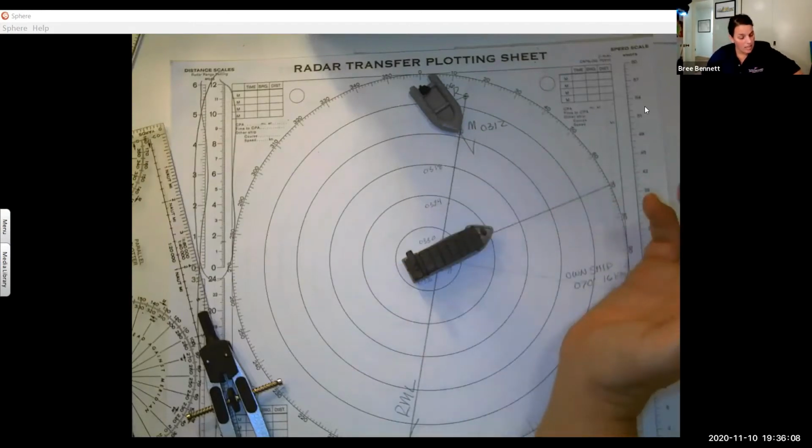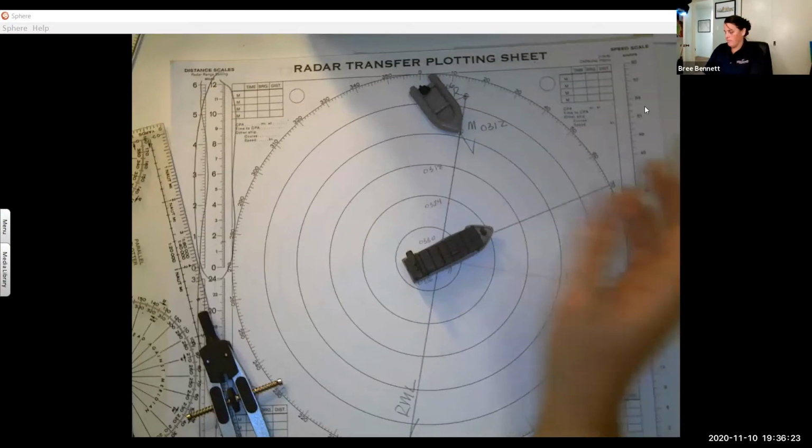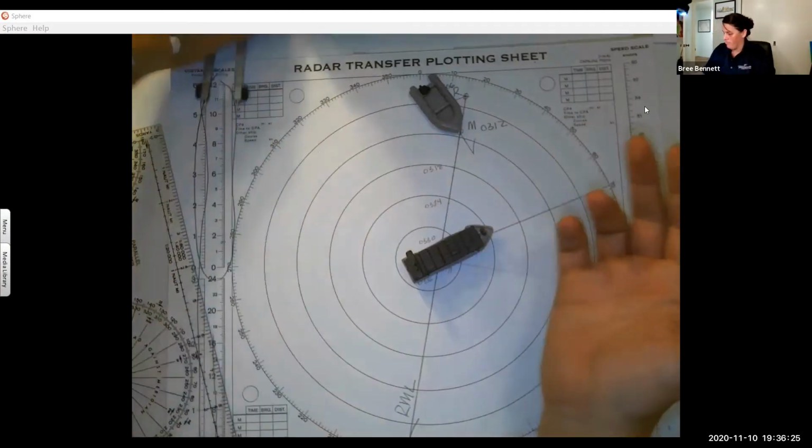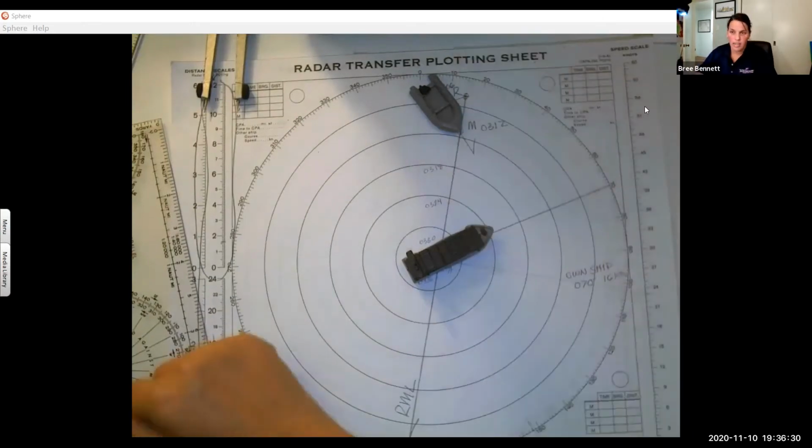For some reason, it tells us, I already don't like this question, at 5 miles we're going to change course to port and get a new CPA. Maybe they are restricted in their ability to maneuver or something. We have to give way to them for some other reason.